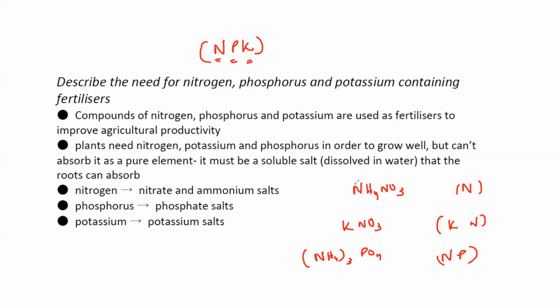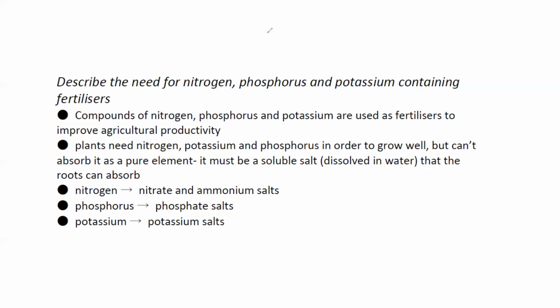For example, whether we want the plant to grow faster, we want better roots, or we want to increase the growth or the quality of the fruit or the flower, then it needs potassium. So compounds of nitrogen, phosphorus, potassium are used as fertilizers and improve agricultural productivity. The plants need nitrogen, potassium, phosphorus in order to grow well, but they cannot absorb the pure element, so the element should be in a soluble form.